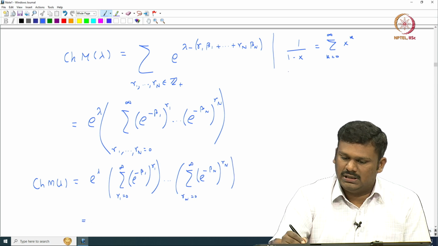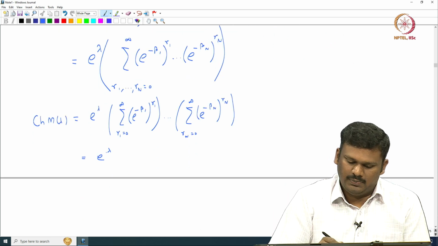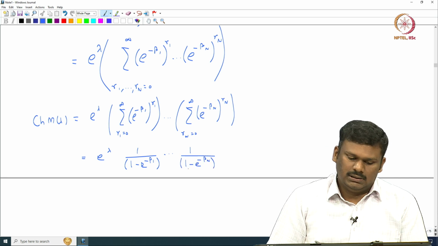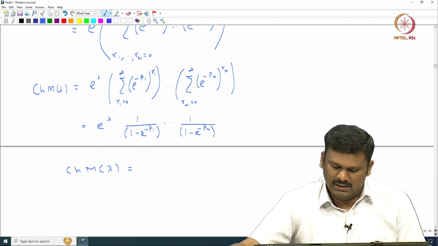So, now using this identity, if you replace this, then you can easily see that this is e power lambda, 1 divided by 1 minus e power minus beta_1, times etcetera times 1 divided by 1 minus e power minus beta_n.